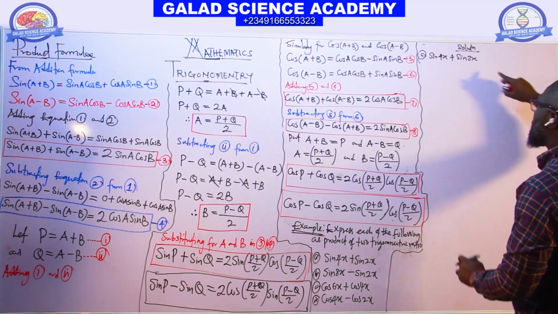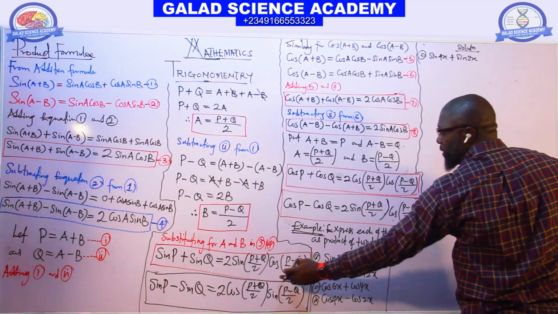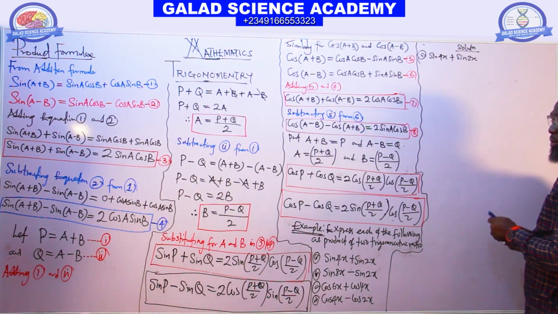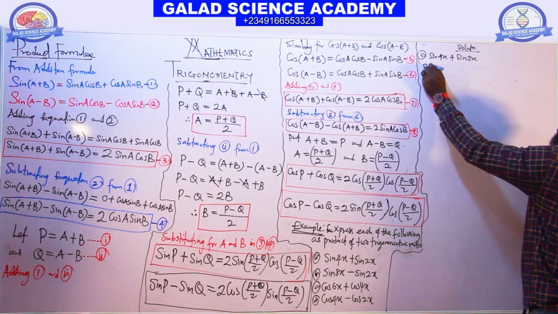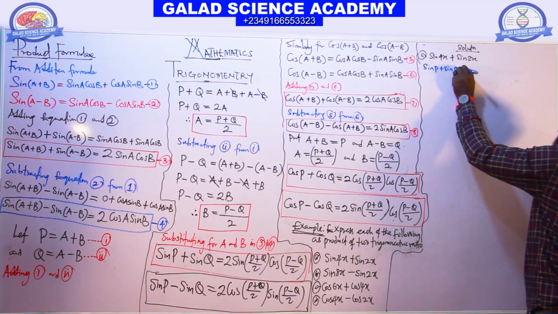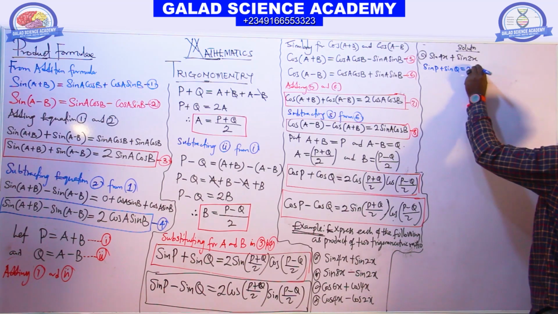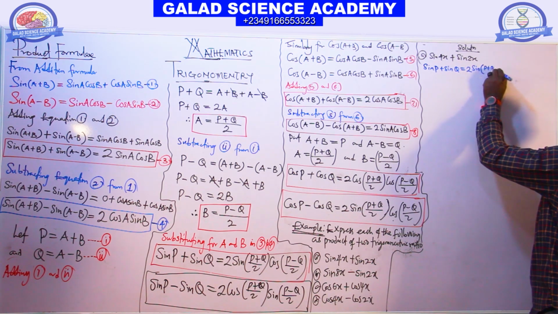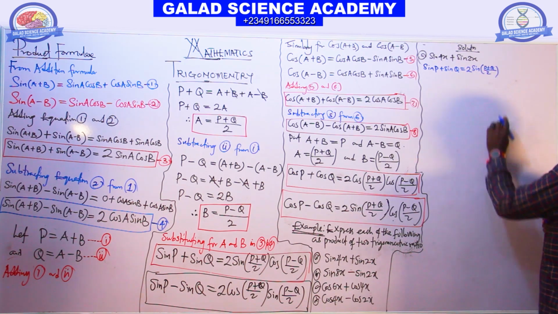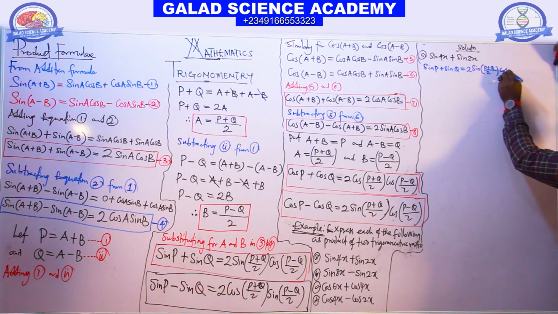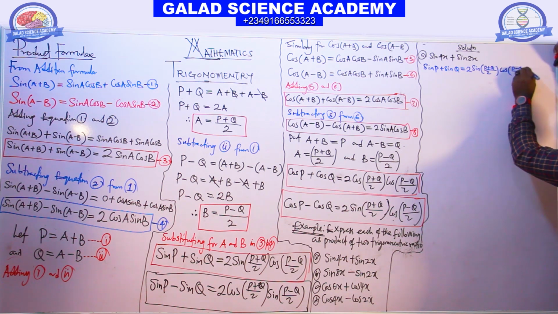For the product, what is the product formula for sine? Using the product formula, we say sin P plus sin Q equals 2 sin((P plus Q) over 2) cos((P minus Q) over 2).